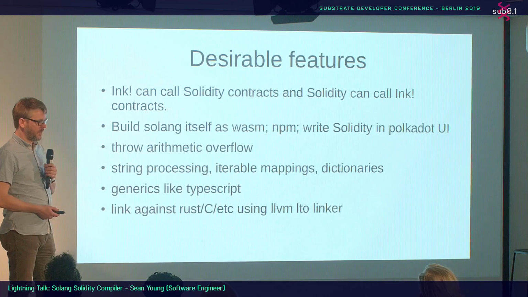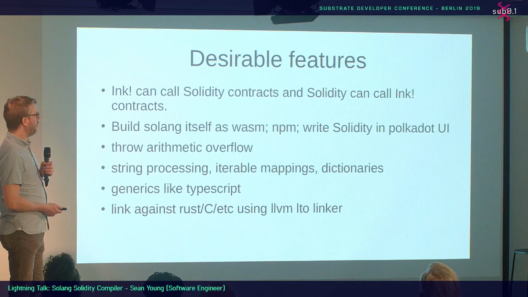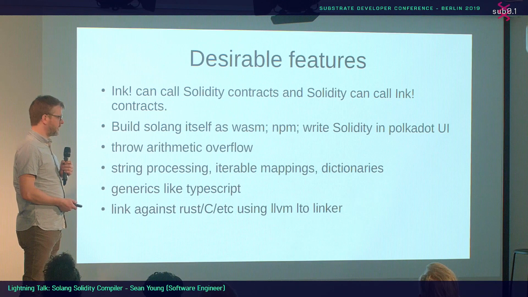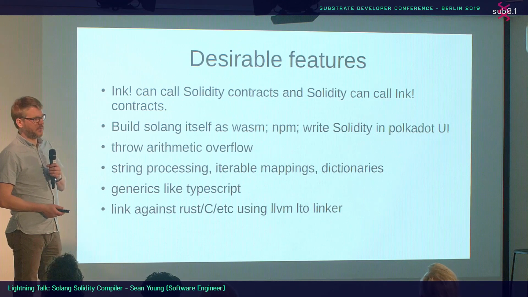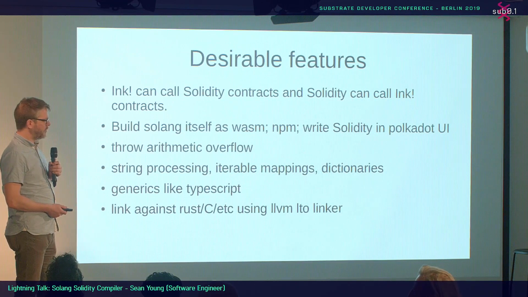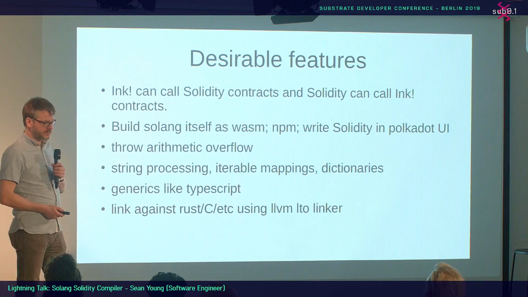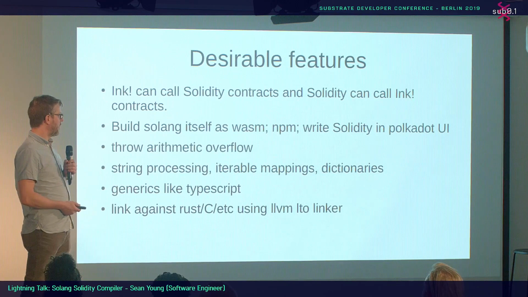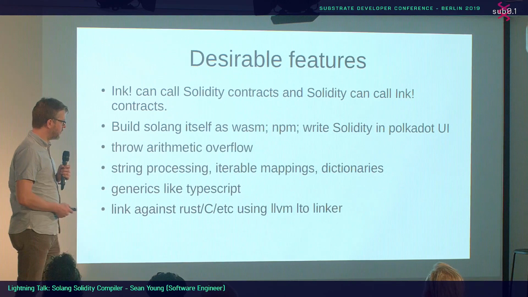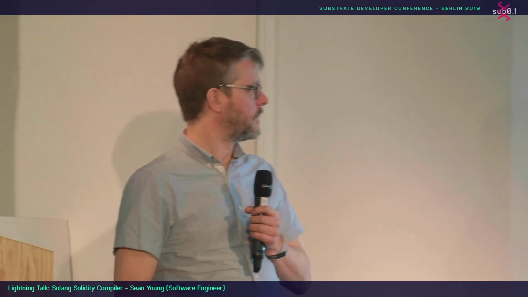But beyond that, there are some interesting things we can do with a new compiler. The first thing is that having the same ABI encoder decoder as Ink would mean that Ink contracts can directly call Solidity contracts and vice versa. In order for this to work, both Solang and Ink will need to be able to read an ABI file and from that, generate the correct invocations to external contracts.